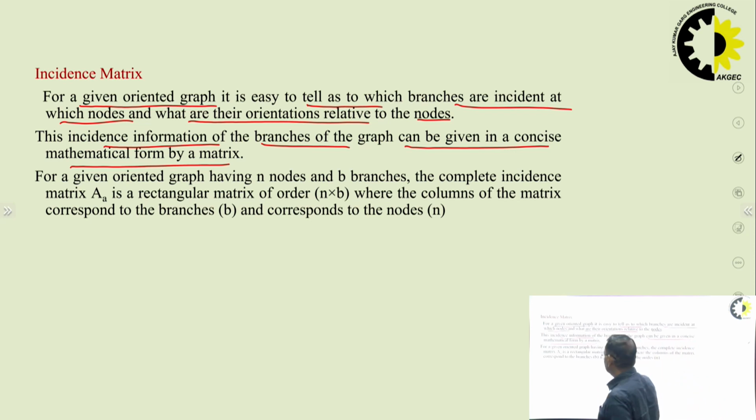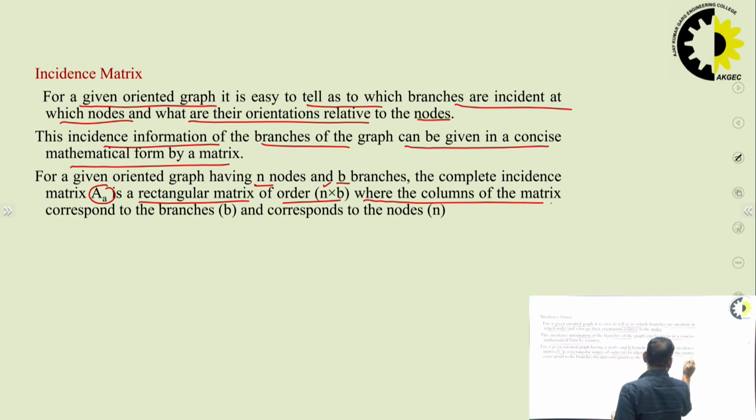Suppose a given oriented graph has n nodes and B branches. The complete incidence matrix A_a, where the subscript a indicates it includes all the nodes, is a rectangular matrix of order n by B, where n is the number of nodes and B is the number of branches.